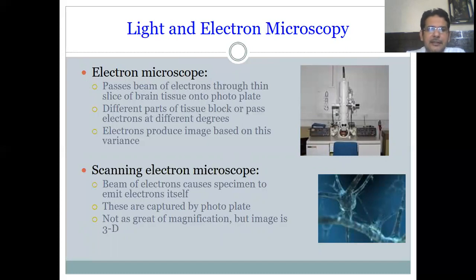Then there is another microscope, the scanning electron microscope. In this case, the beam doesn't pass through, but it scans the surface of the cell. So a beam of electrons causes the specimen to emit electrons itself, and these are captured by the photoplate, and then they are superimposed on each other and produce a 3D image.